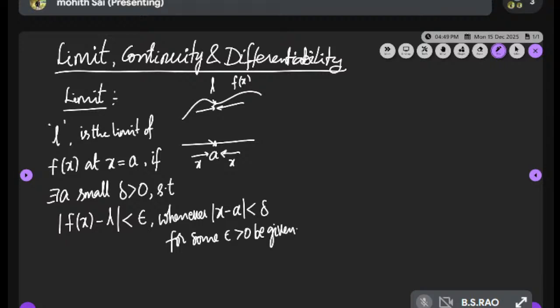This is Cauchy's definition of the limit. So you just write it.